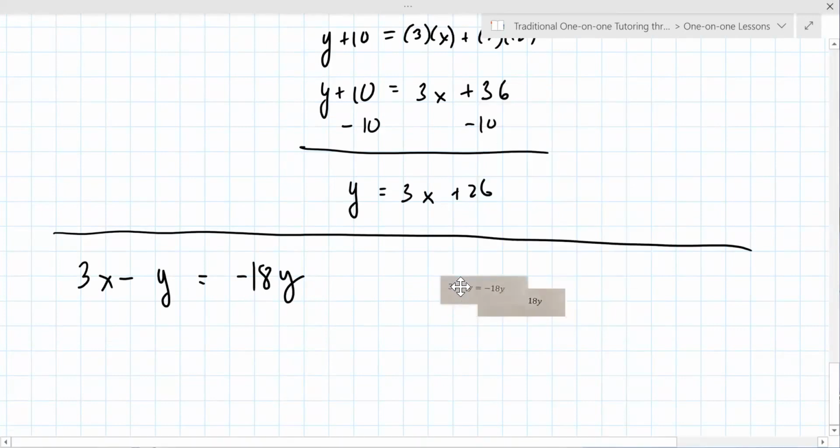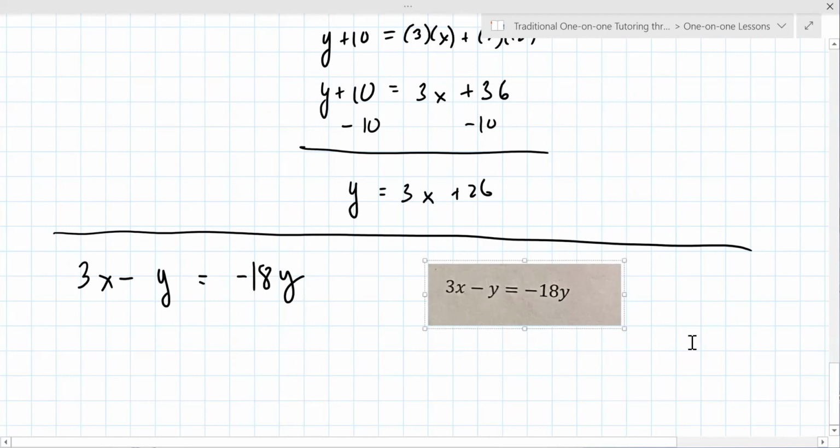you have to ask your instructor. So the point is that this is bad. There's not supposed to be a y on both sides, but we can deal with it. Okay. How? So you can add y to both sides.